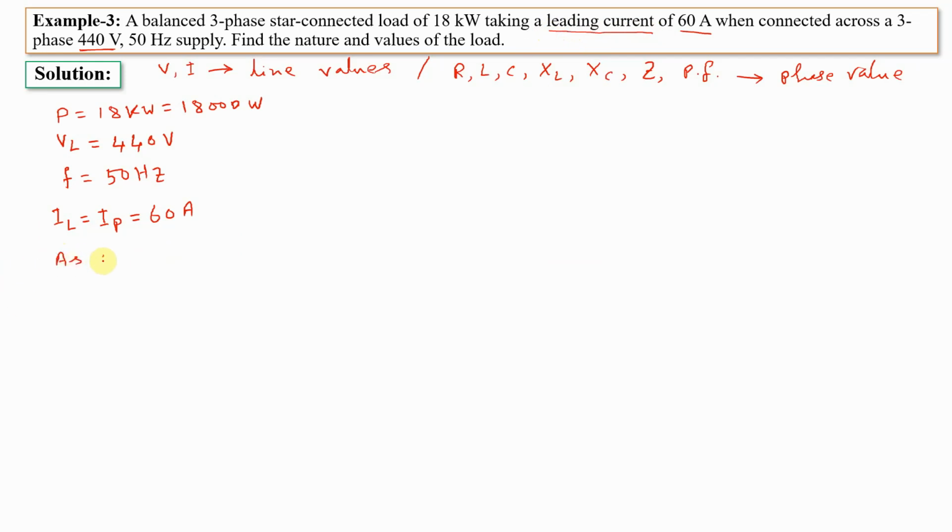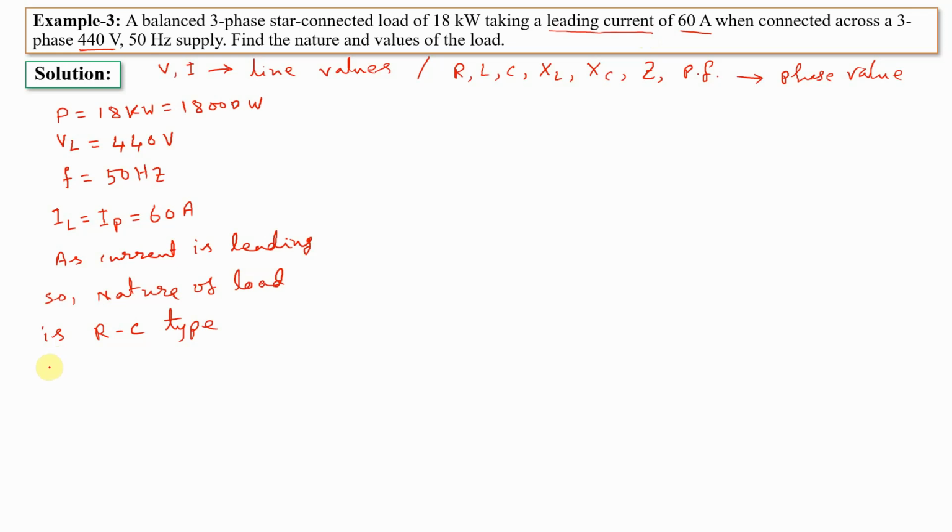Therefore, as the current is leading, we can conclude the nature of the load per phase is RC type, that we can identify from this line, that is the leading current. So here we have to find the value of R and C.